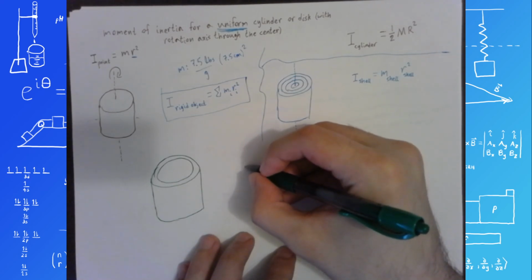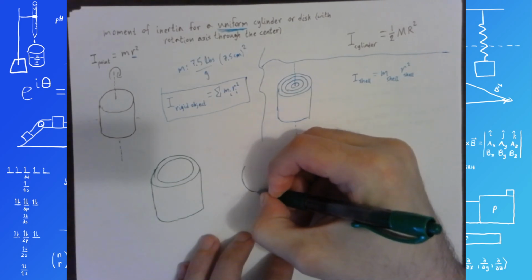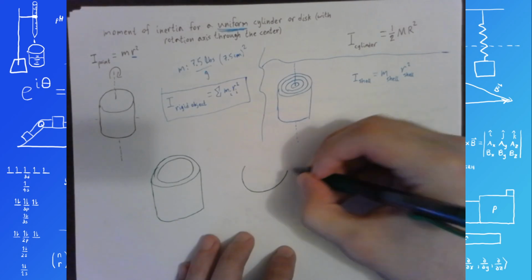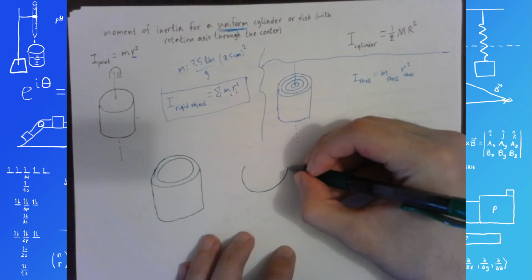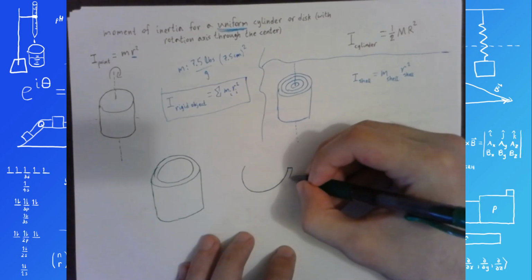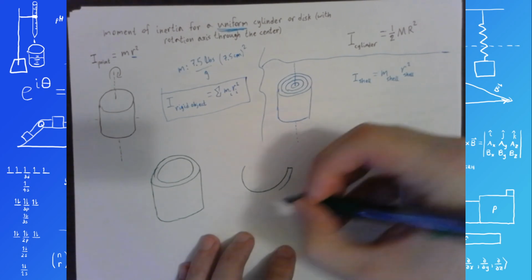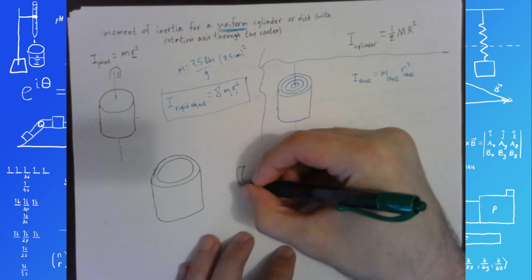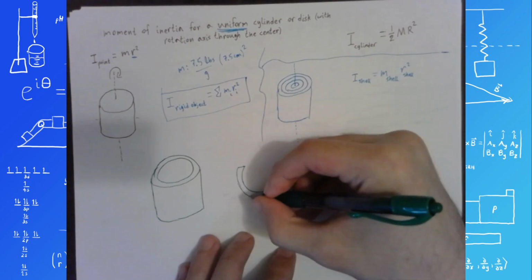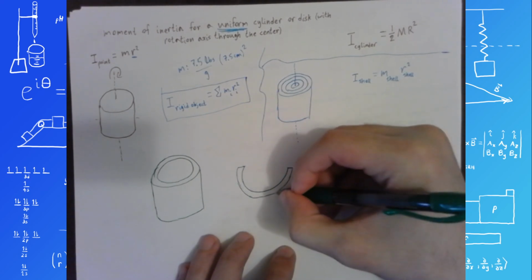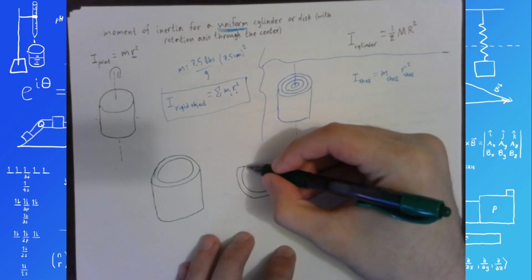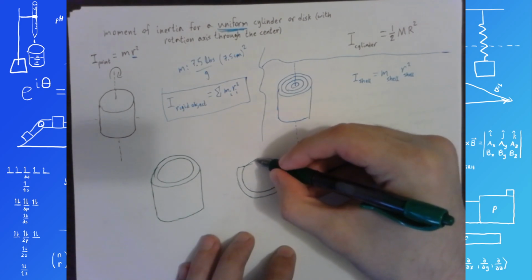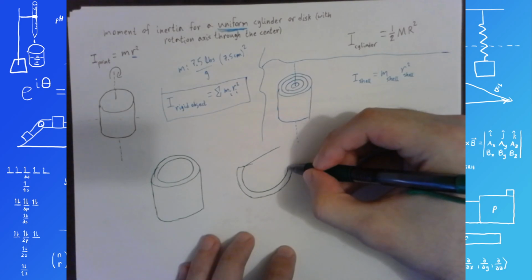So I begin to unfurl it. Maybe first it looks like this when I first open it up. And then I guess I would have to, let's see, draw something like that.